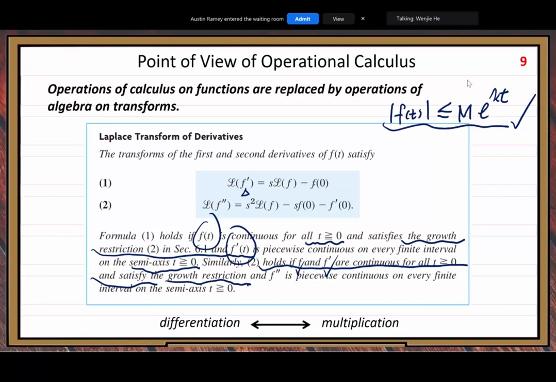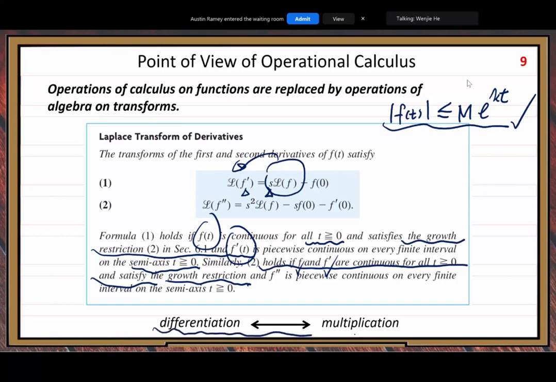Here you can see the difference is addressed by this multiplication by s: s times the Laplace transform of the original function. This term corresponds to the Laplace transform of the derivative.